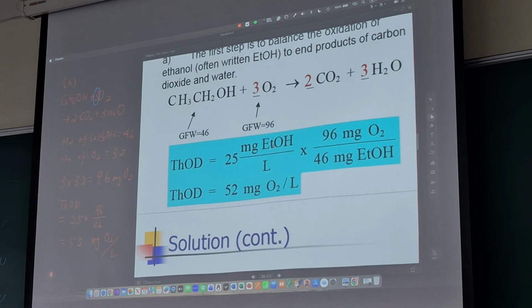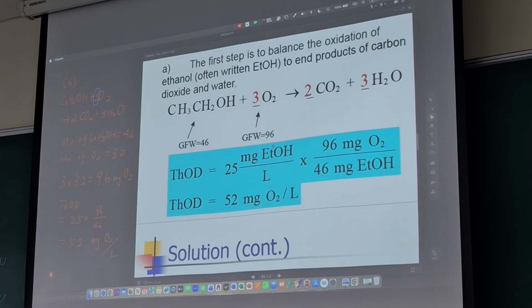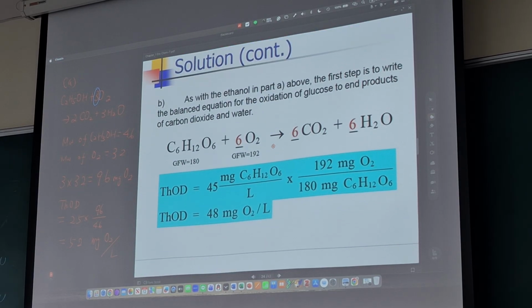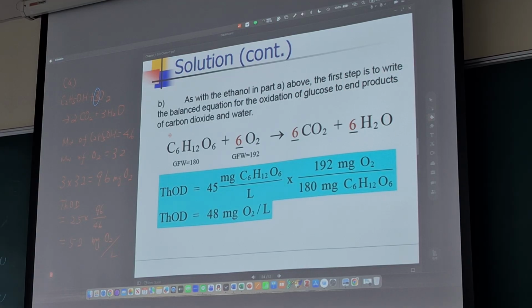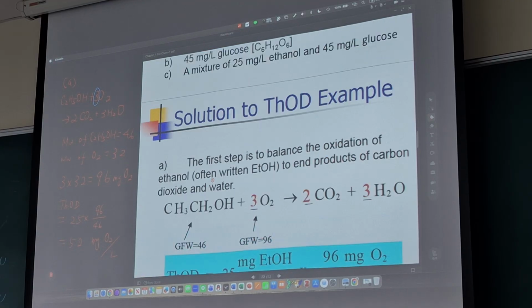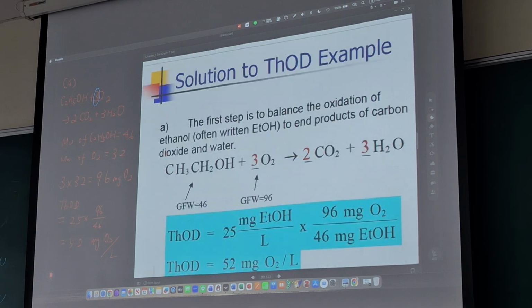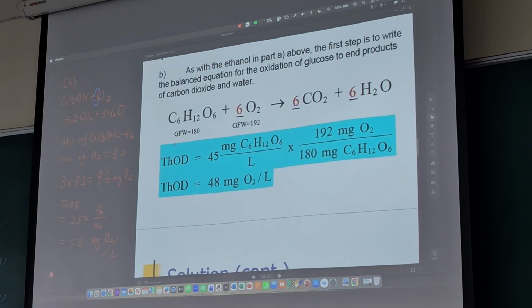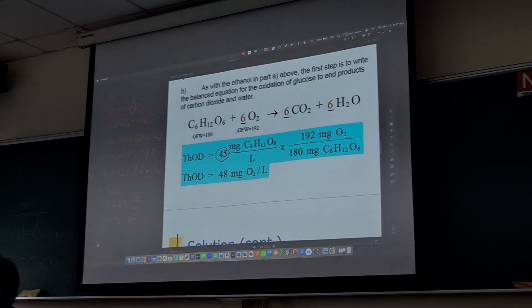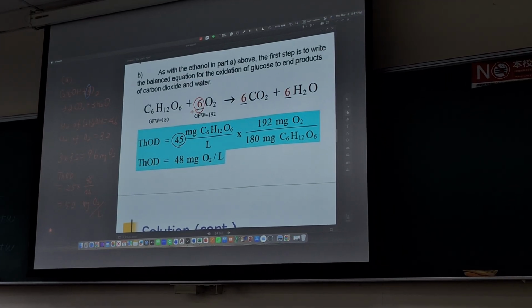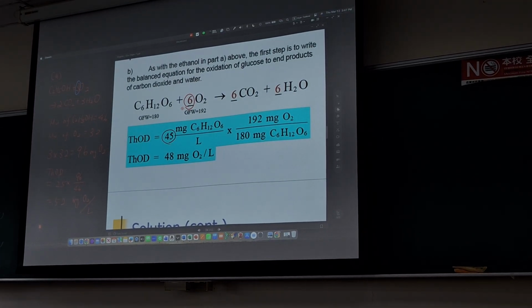Okay, next one is glucose. Okay, I will just show you the answer in my PowerPoint slides. But we have 45 instead of 25. So 45, and we have 6 more of oxygen here.